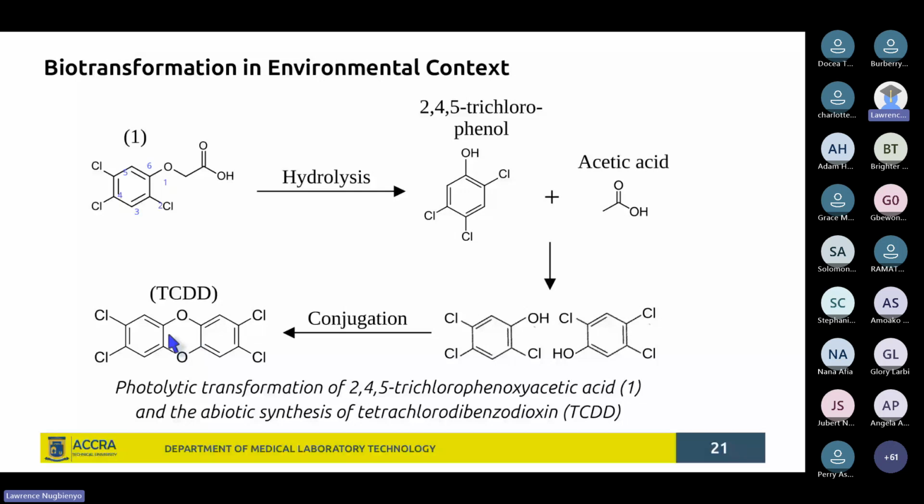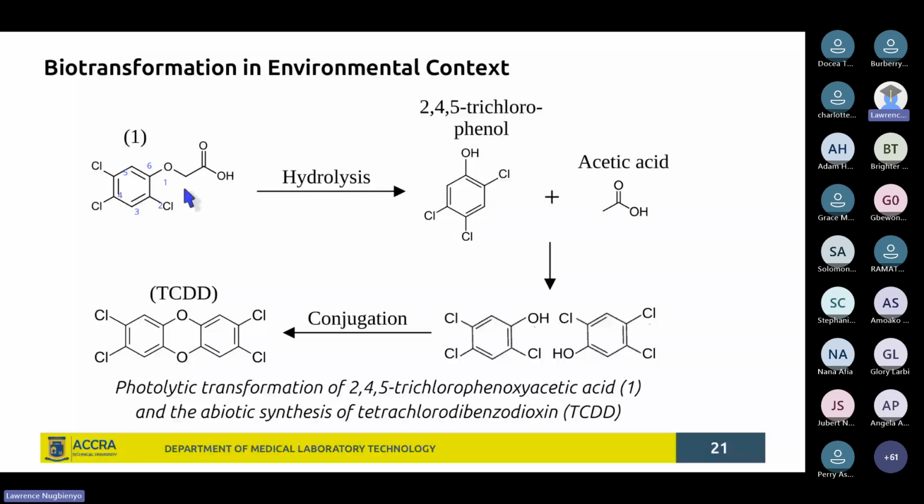And this is a toxic substance. It's persistent in the environment. It doesn't get degraded that easily, and it's toxic to mammals. And so because of that, this herbicide, trichlorophenoxyacetic acid, has been banned from use.